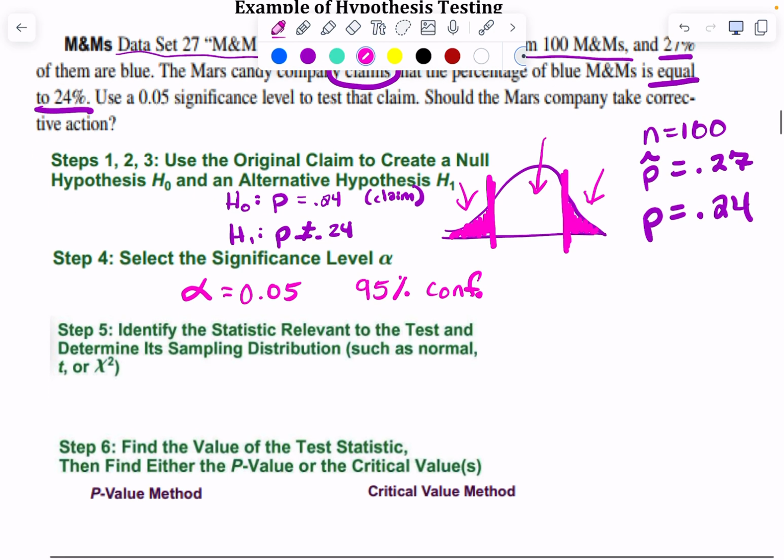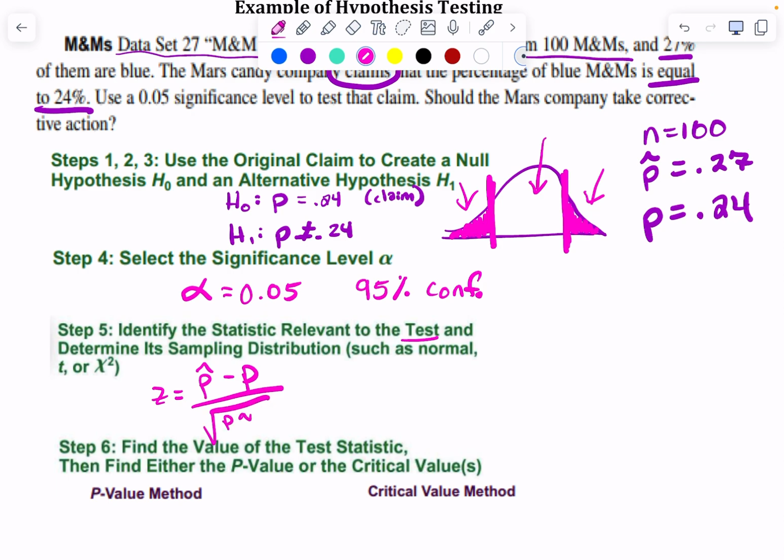And then step 5, identify the value of the test value. Our formula for Z is P hat minus P over the square root of PQ over N. We plug in our numbers and see what we get for our test value, and then we'll come up with the conclusion later on. So what's P hat? 0.27 minus 0.24 over the square root of PQ.